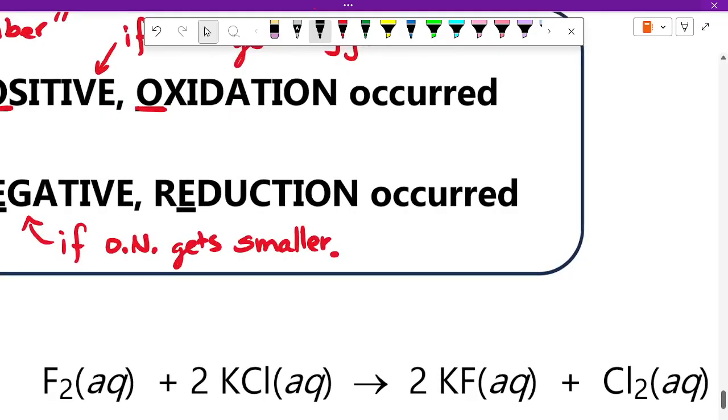Do you guys think you could take this reaction, cover up what's down below? Could you find the 2 half reactions and balance them?